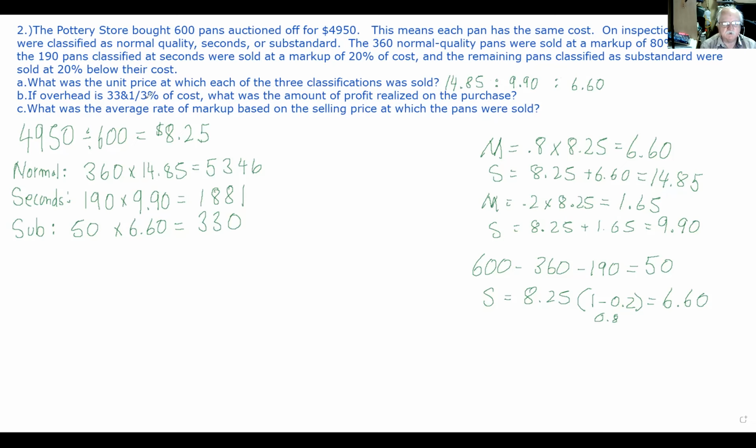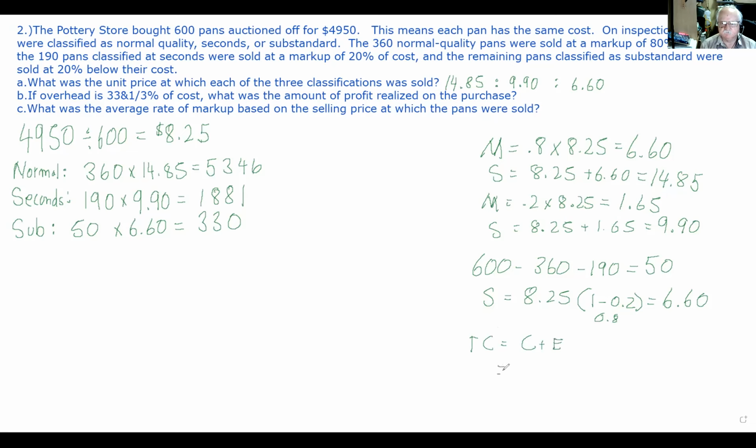So they've told us about expenses again, 33.33% of cost. So let's figure out their total. Well, first off, let's figure out their total cost. We need total cost equals cost plus expenses.